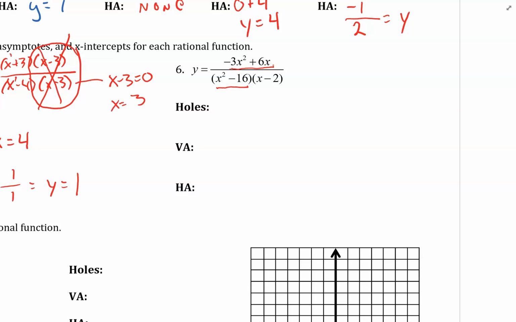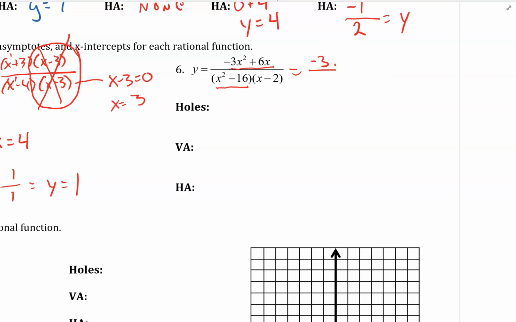Okay, so when we go to factor this, first we'll take out a greatest common factor of -3 on our top. Really, I should have taken out -3x.